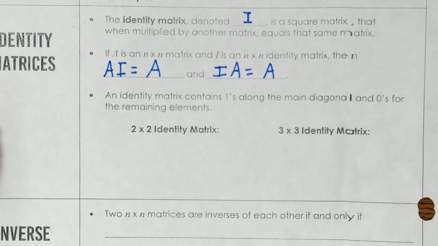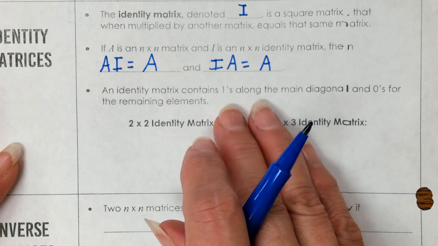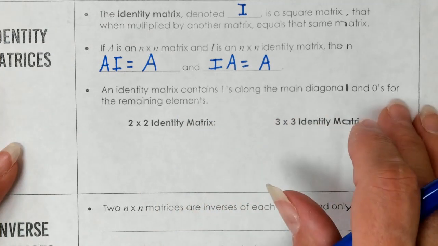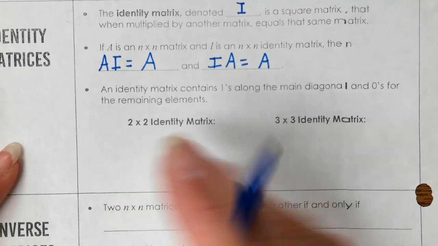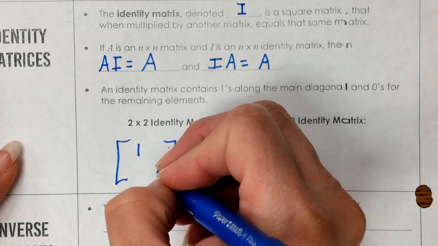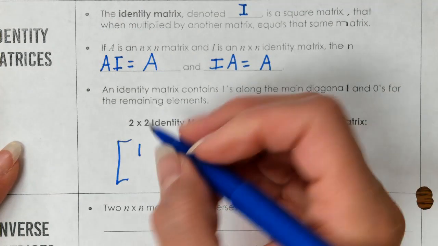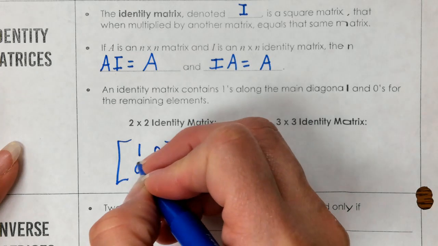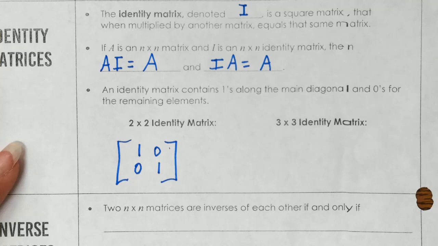Now, in the next thing here, it says an identity matrix contains ones along the main diagonal and zeros for the remaining elements. So a 2 by 2 identity matrix looks like this. It has a 1 here and a 1 here. That's what they call the main diagonal. And then zeros in the other locations. This is a 2 by 2 identity matrix, which really kind of means the number 1 as a matrix.